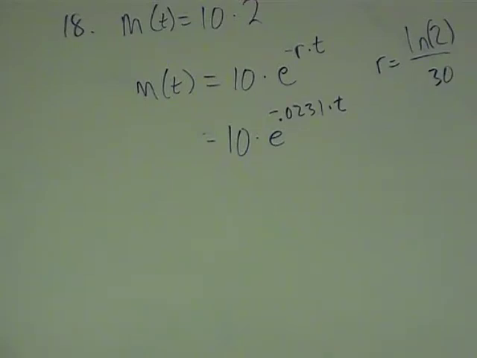How much of the sample will remain after 80 years? So what does 80 stand for? Time, which is what in the formula? t. Your half-life is 30 years. We just want to know what the mass is going to be after 80 years.